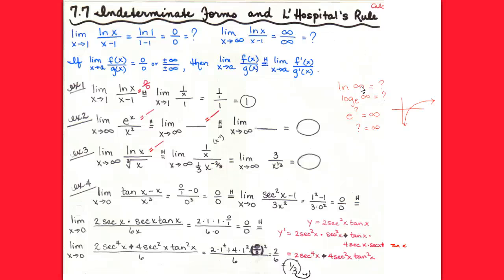But when I'm doing line by line of work, I don't want to sit here and say, if I take the natural log of something getting infinitely larger without bound, I don't have time for that. I need a succinct way of writing that just for my own scratch work. I would want to be careful to never write anything like that in terms of a justification on the AP exam.